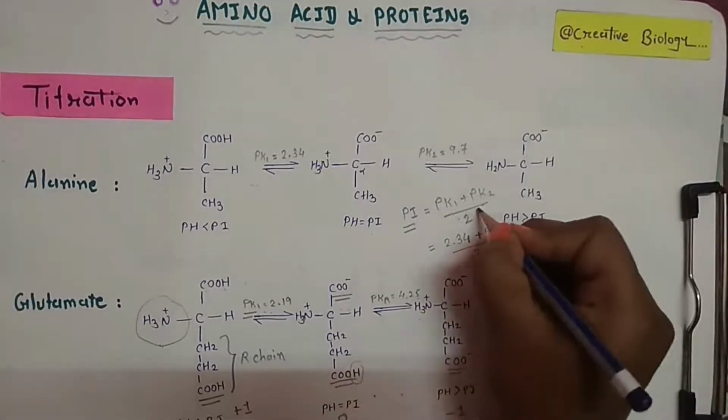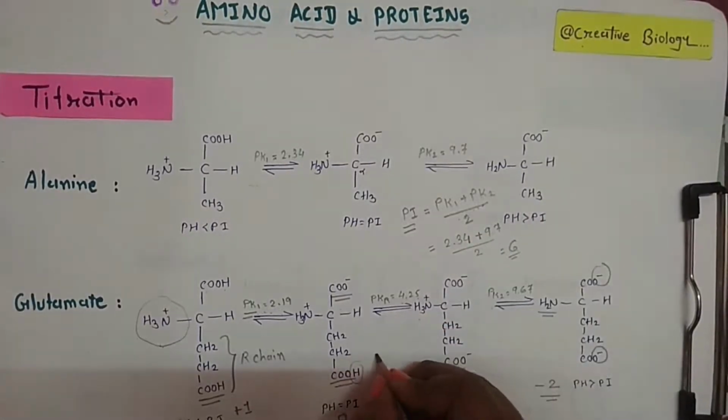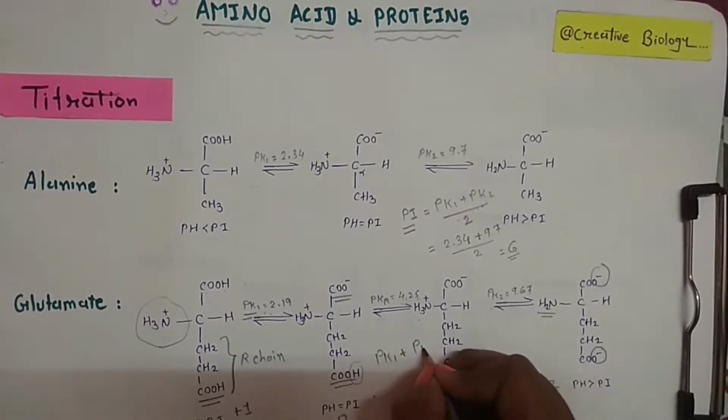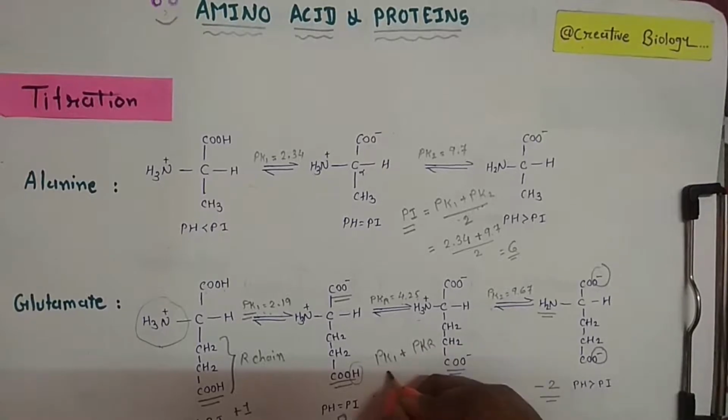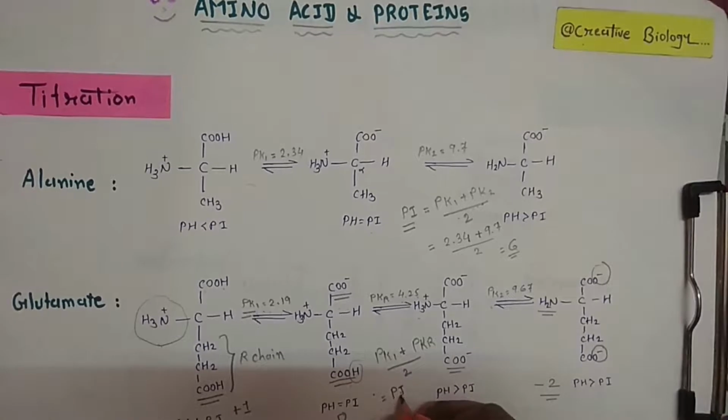Here you count pKr as 4.25. So pK1 plus pKr divided by 2 gives you the value of pI.